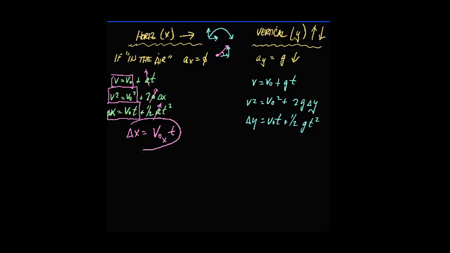This is the only equation we have when we look at the horizontal motion. This is going to tell us how far. This is its velocity initially in the x, meaning how fast it is going horizontally. And that time is how long the object's in the air. That'll tell us how far away. If we know how fast it's going horizontally and how long it's in the air, it's basically that.